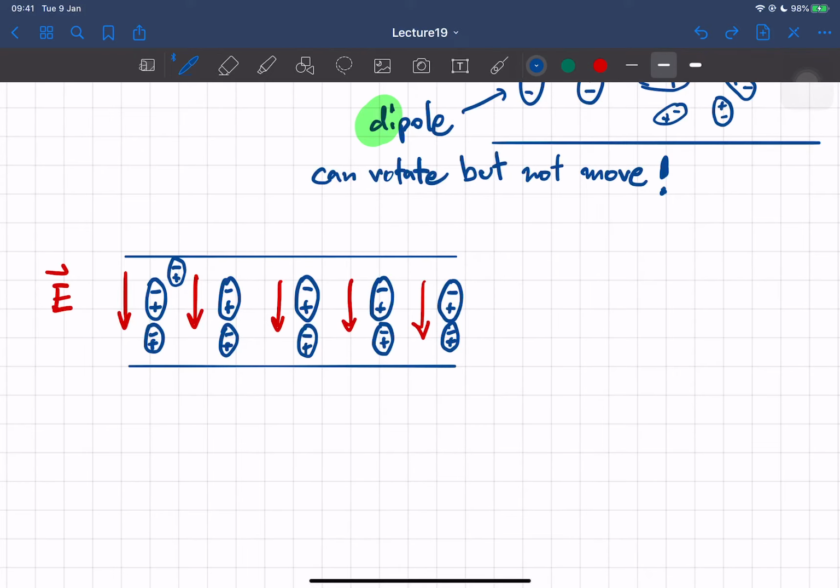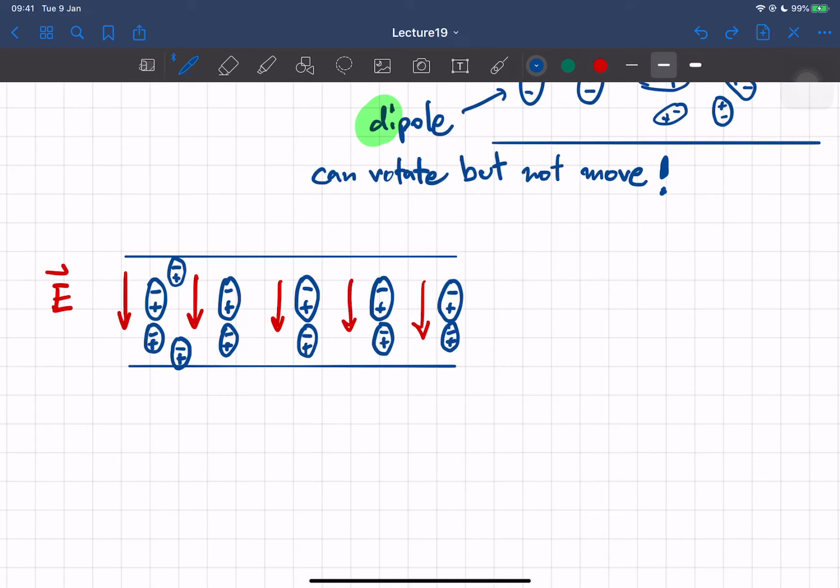But the minus side of the topmost dipole will have nothing to cancel out. And that's also true for the dipole at the bottommost of this dielectric. You're going to have the positive side of this dipole right at the edge of the dielectric, and it's not going to get cancelled out.